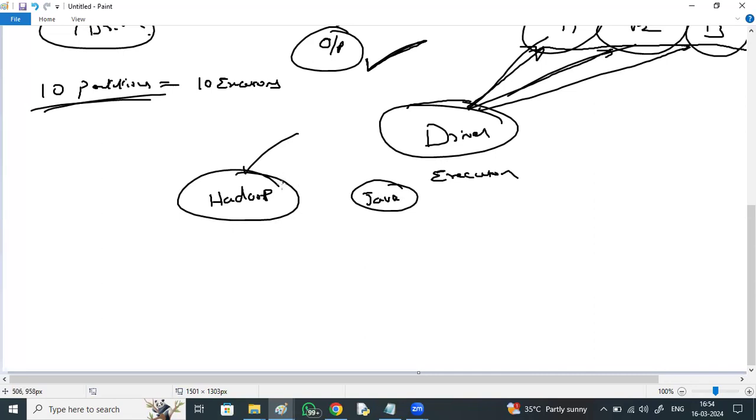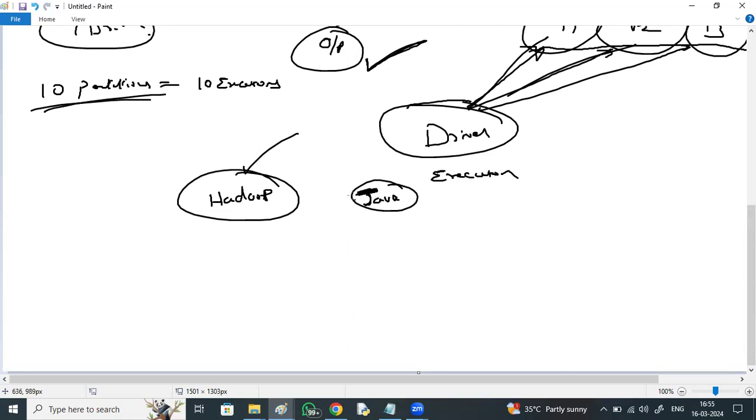Later in 2016, 17, when Spark came into the market, they started using Scala. The total implementation of Hadoop used to go using the Java language. But you know, there is a lot of coding in Java.